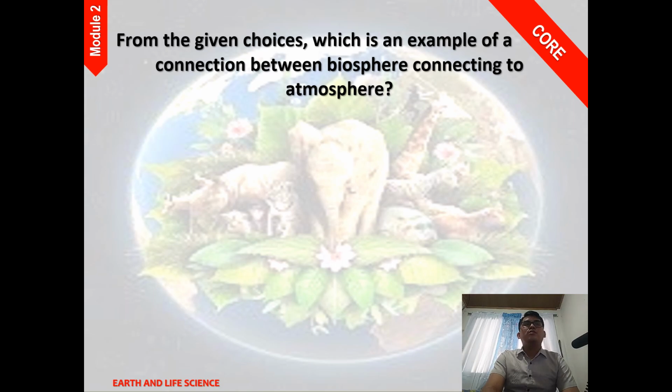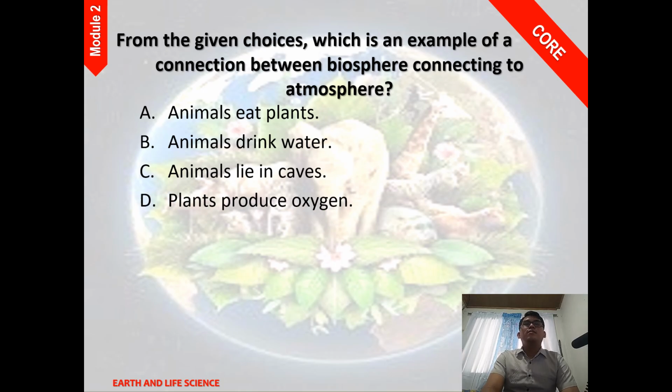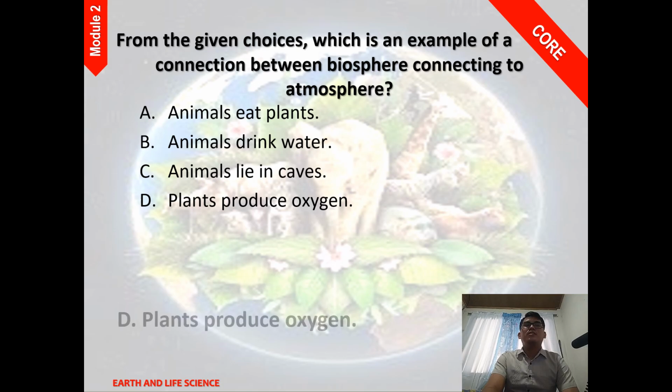Question number 3. From the given choices, which is an example of a connection between biosphere and atmosphere? A. Animals eat plants. B. Animals drink water. C. Animals live in caves. D. Plants produce oxygen. The correct answer is letter D. Plants produce oxygen.